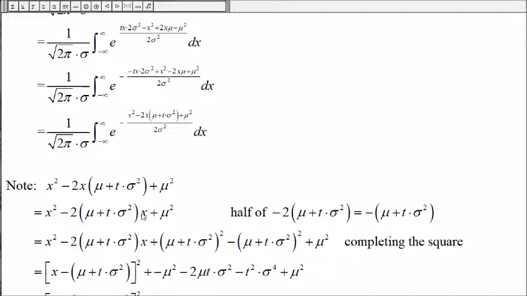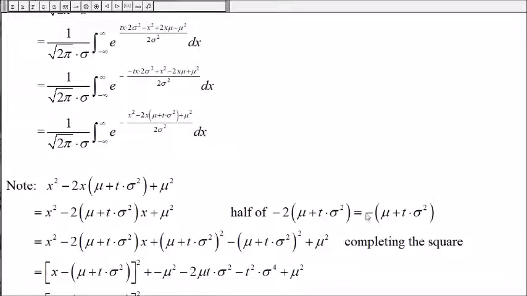Half of the coefficient of x, half of negative 2 times (mu plus t sigma squared): we just multiply this expression by 1/2, and we end up with negative (mu plus t sigma squared).